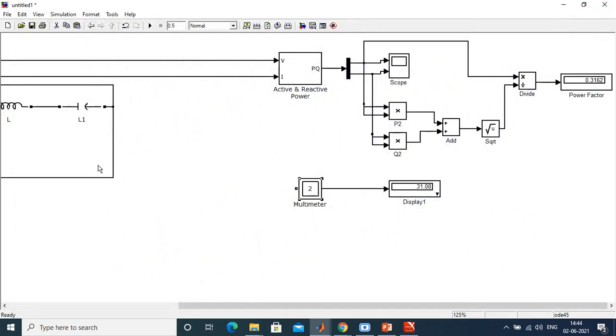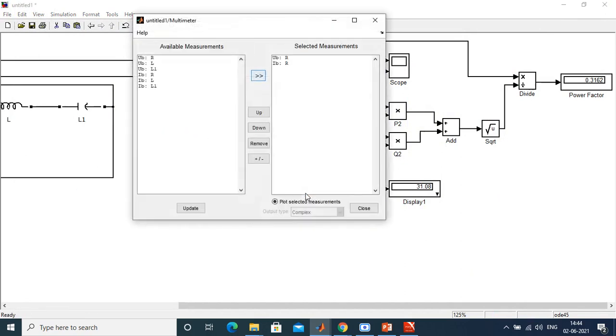Suppose I want to get the waveforms for current passing through the L and voltage across the L. You observe here, this you must remove.